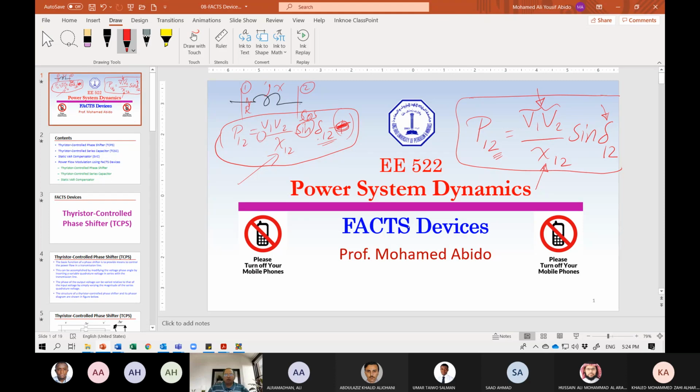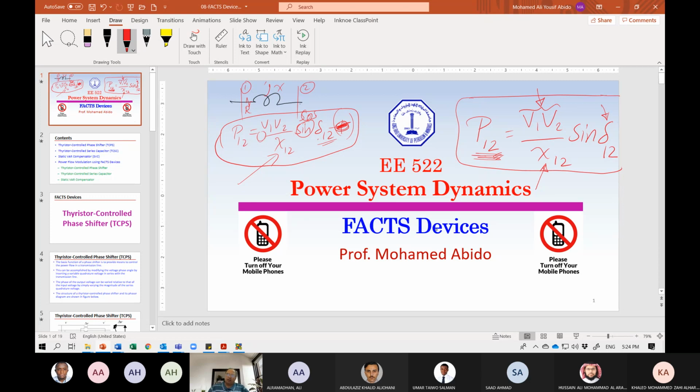So here we have three limiting factors. If we can play with these three factors, then we can make our power transfer flexible.